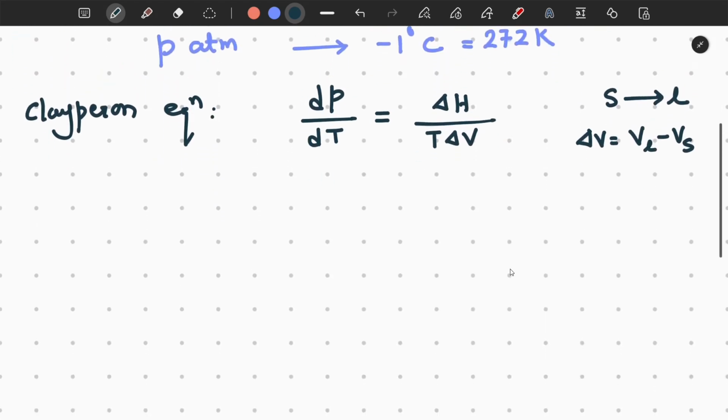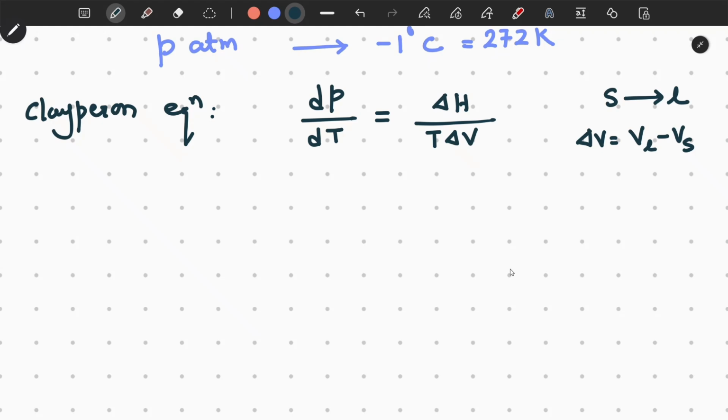For ice, V liquid is smaller than V solid, so delta V is negative for ice. So it is not obvious that delta V will always be positive. But if it is a solid to gas or liquid to gas transition, then obviously it will be positive.